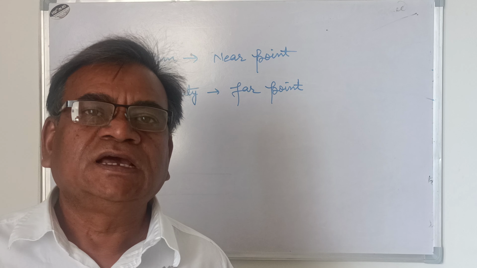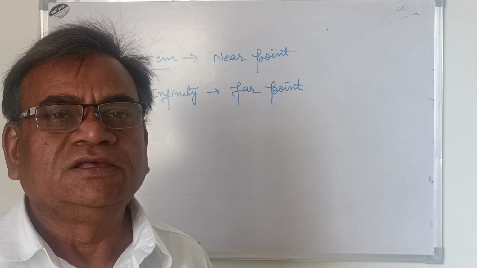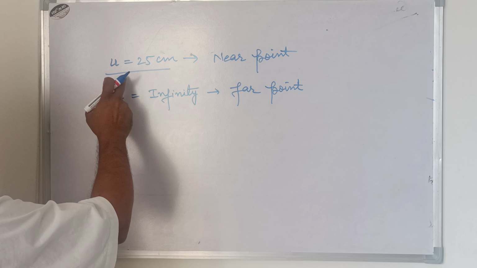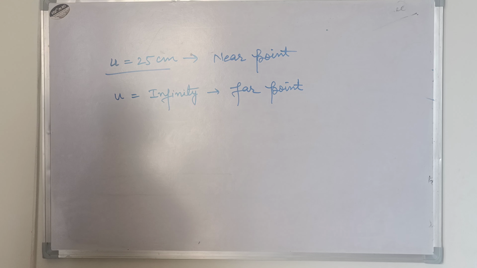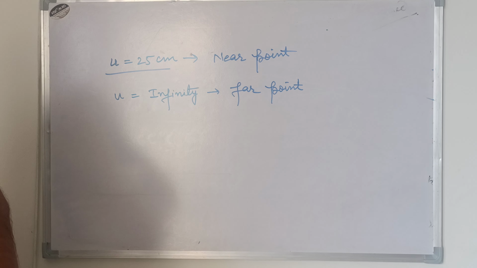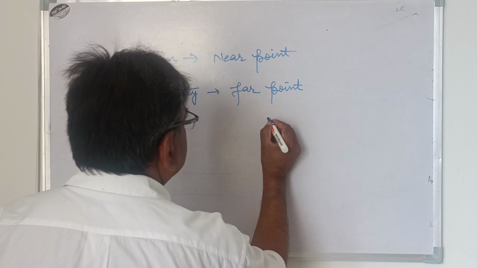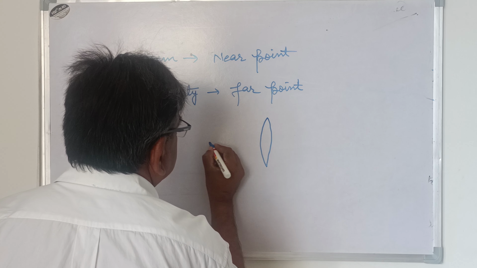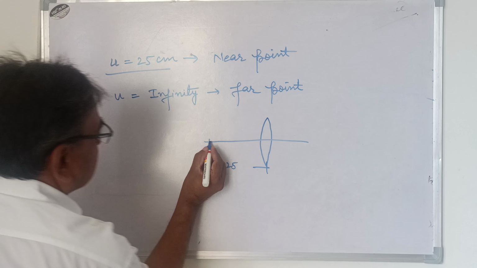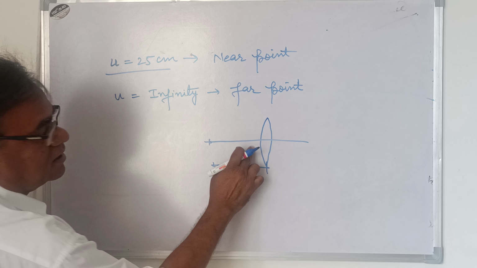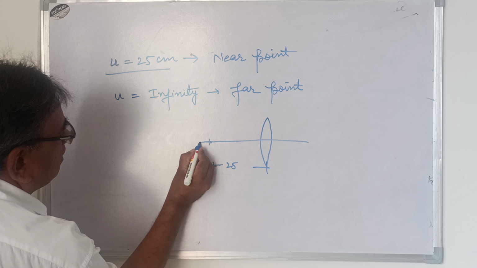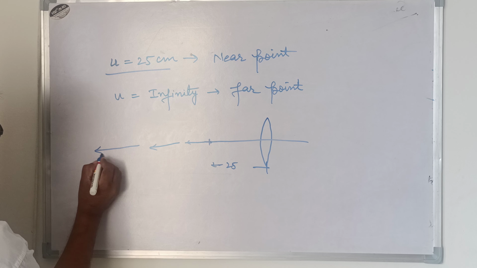Human eyes can see clearly the objects which are put in front of the eye at a distance between two points, from 25 centimeter to infinity. This is the eye lens, this is the 25 centimeter distance. Inside this point, if you choose a position here, you will not get a sharp image. From here onward, wherever you keep it, up to infinity.